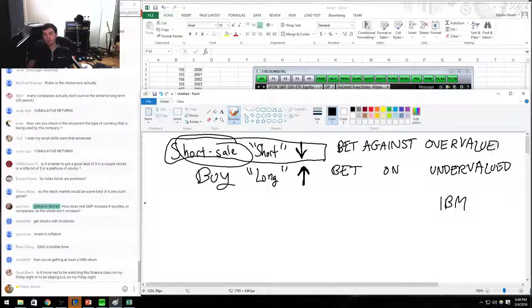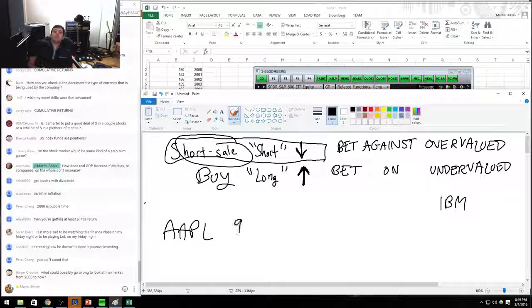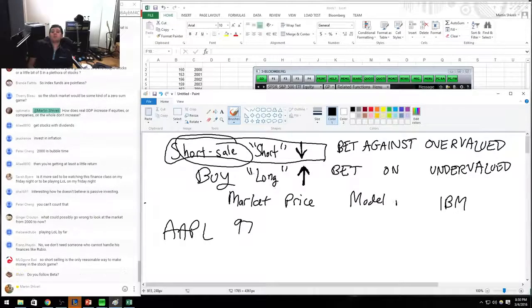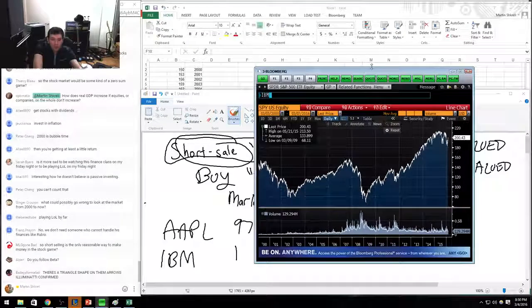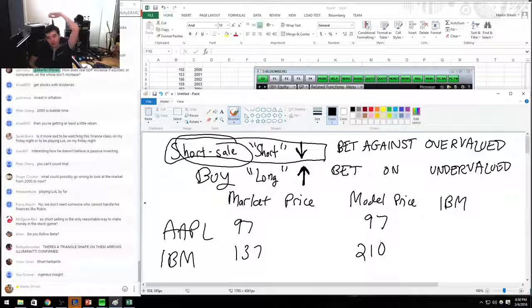And we looked at two stocks. We looked at Apple, which is trading at 97. Let's say market price is 97, and our model price is 97. Then we looked at IBM, whose market price is what, 130, right? 137, and our model price is 210.